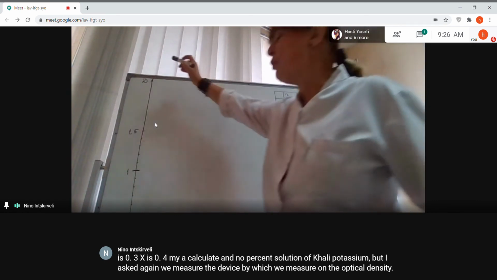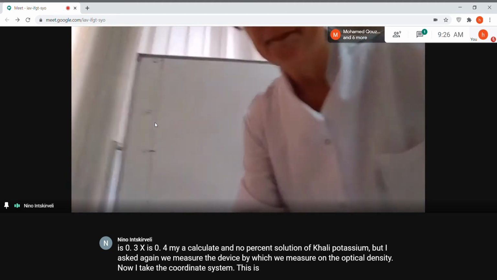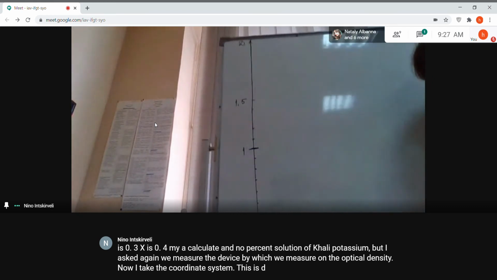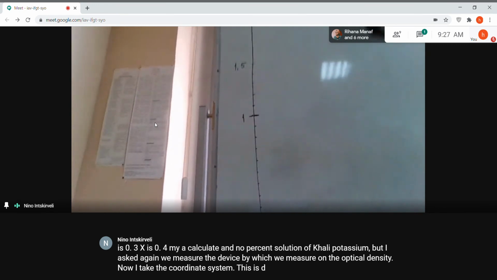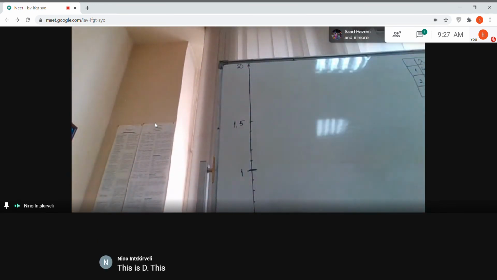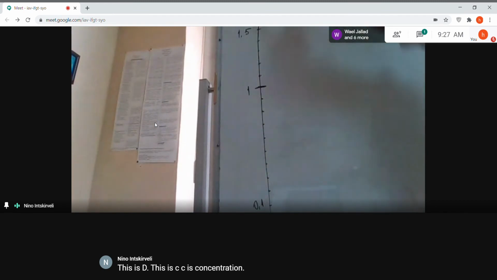Now I take the coordinate system. This is D. This is C. C is concentration. This is optical density.